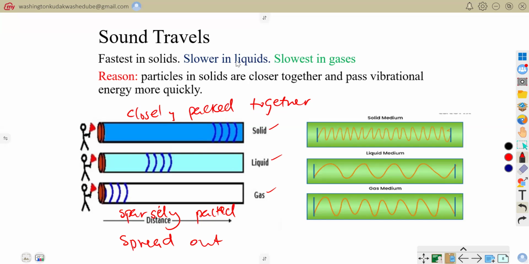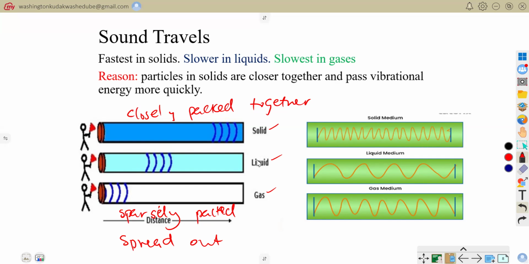But when it comes to liquids and gases, the particles are sparsely packed, or spread out. So the transfer of this vibrational energy moves slower. That's the reason why we would have our sound traveling fastest in solids and slower in liquids, as well as slowest in gases.